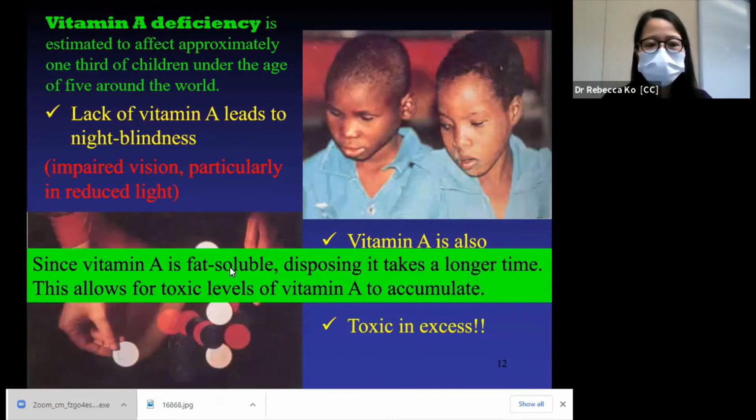Because vitamin A is fat soluble, it takes a little bit longer to dispose of than the water soluble ones. So if you keep taking in vitamin A in a large amount, it will just accumulate, and may not be disposed of quickly. So it will allow toxic levels of vitamin A to accumulate inside the body.